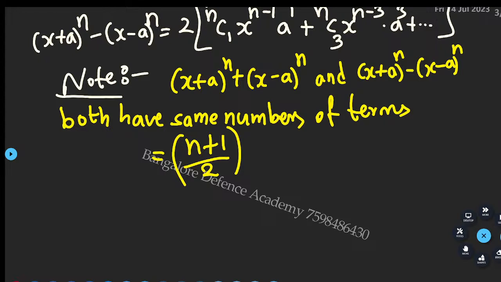If n is odd, have you written that? First statement, if n is odd.